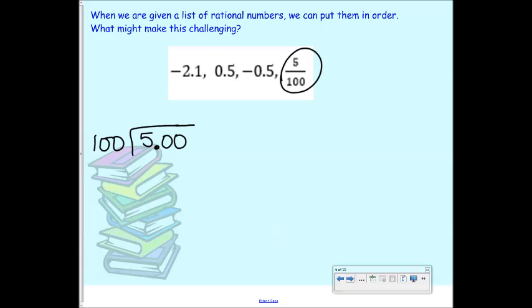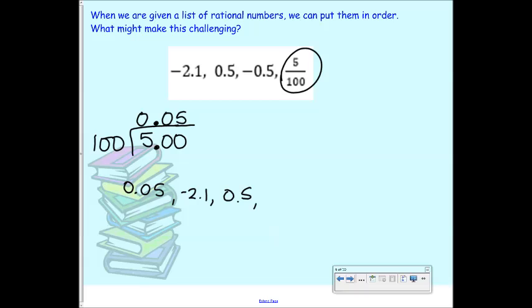So now that they're all decimals, which one of those is my smallest number? Negative 2.1, yes. Why do people often think that this one is the smallest number, negative 0.5? Why might that be a mistake somebody would make? Marina, what do you think? Because it's smaller than like 2.1, but when it's negative, it's the opposite. Okay.